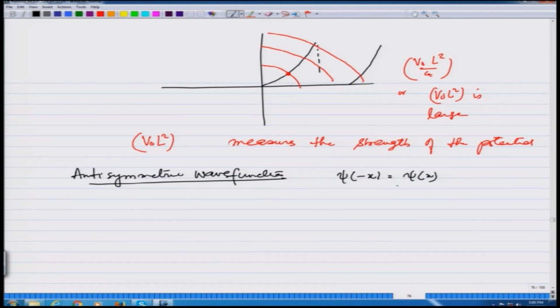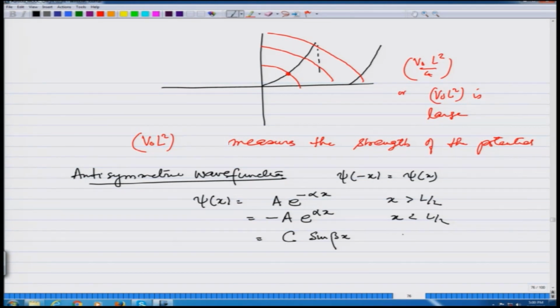So, in this case I am going to have psi x equals some a e raised to minus alpha x for x greater than L by 2, and this is going to be minus a e raised to alpha x for x less than minus L by 2, and is going to be some constant c or d, does not matter what I call it, sine beta x for mod x less than L by 2.